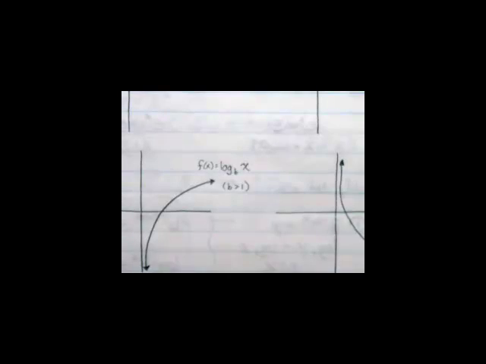And it does the same kind of little flip thing if b is less than 1. And then it does, let's see, yeah, it does this. Okay, so that'll be f of x equals log base b of x in the case where b is less than 1.